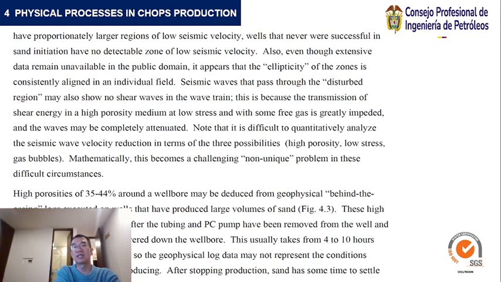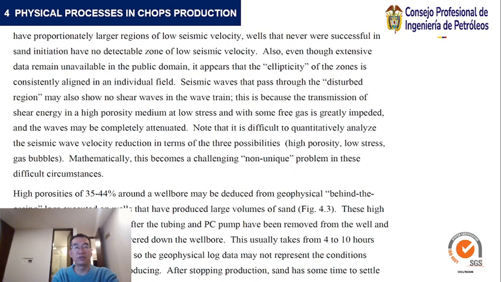Wells that never were successful in sand production have no detectable zone of low seismic velocity. Also, even though extensive data remain in the public domain, it appears that the ellipticity of the zone is consistently similar in an individual field.